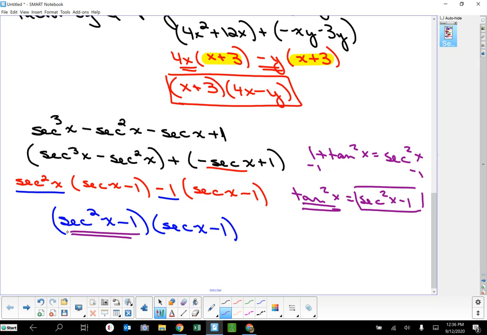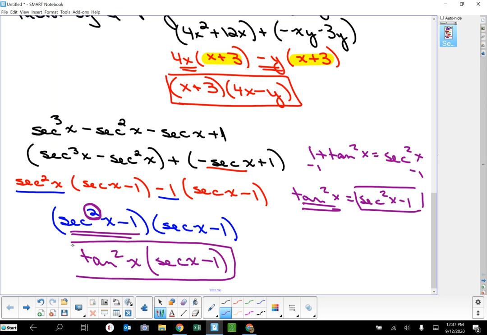So I'm going to change this into tangent squared x, because anytime you can turn two terms into one, that's preferable in a trig function or trig identity. So you want to do that. And this guy doesn't have a squared. So these Pythagorean identities all have squareds on them, right? So that's something you want to be looking for with trig identities. And this is just going to stay a secant x minus 1. And that's about as simple as you could probably make that. So we're going to just leave that looking like that.